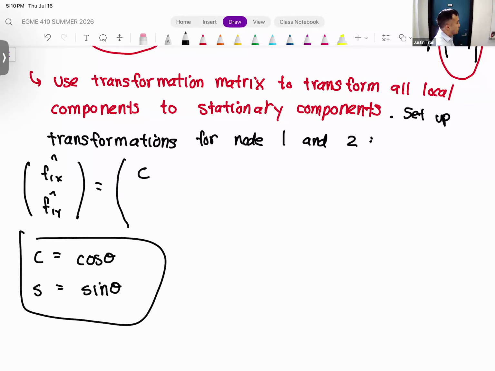I'm just going to use C's and S's from now on. So F1x hat, F1y hat is equal to C, S, and then minus S, C. This is multiplied by the corresponding components of this vector in the stationary coordinates, F1x without a hat, F1y without a hat.